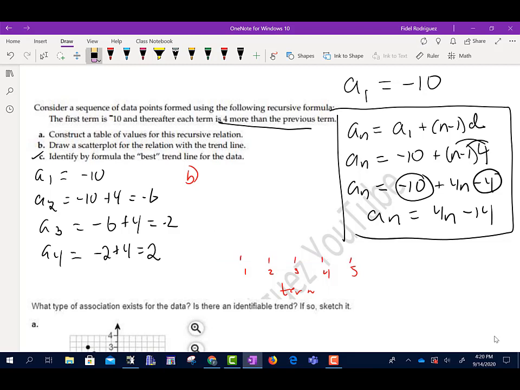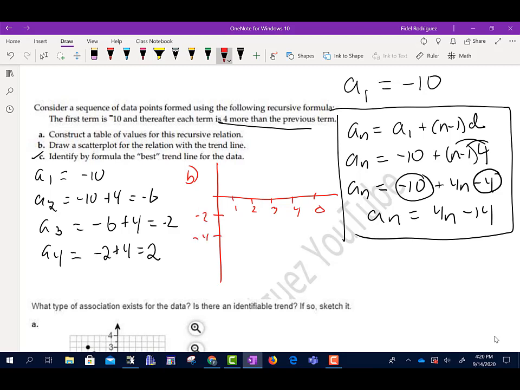I didn't even think about that, but I'm starting off with negative values. So let's do something like this. 1, 2, 3, 4, 5. And here I'm going to go by twos.